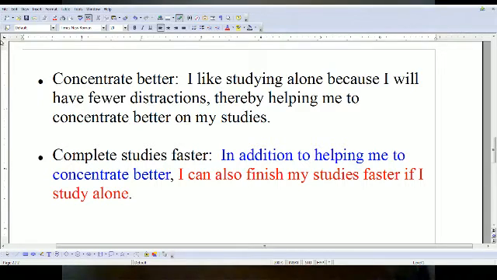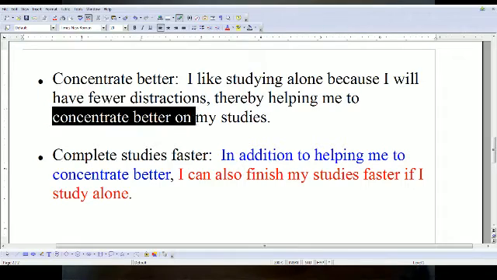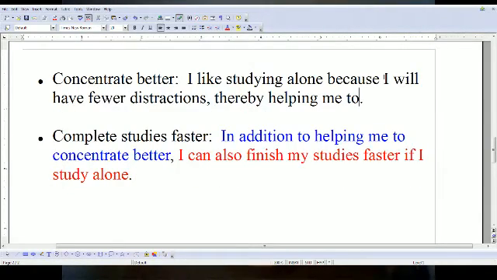In fact, even if we go back to this one, I'm going to make a quick change here. Let's go back to the beginning. So I like studying alone because, what if we say this? I'm going to show you something. I want to be consistent here.